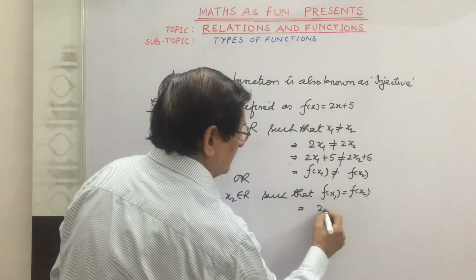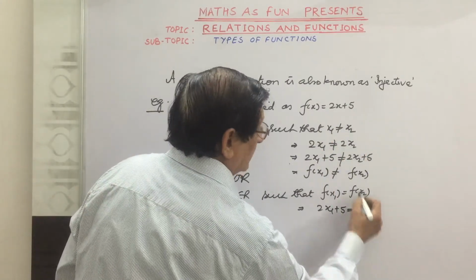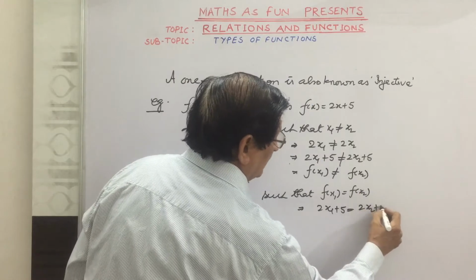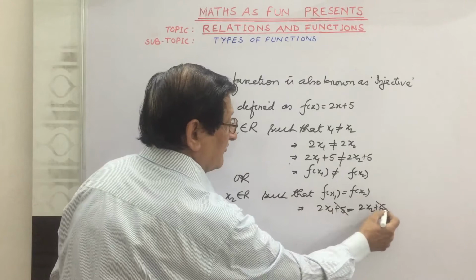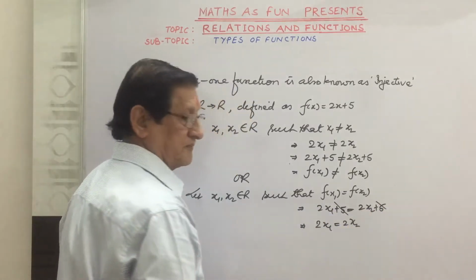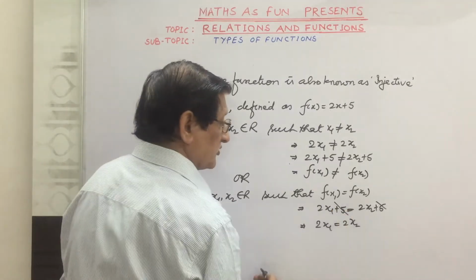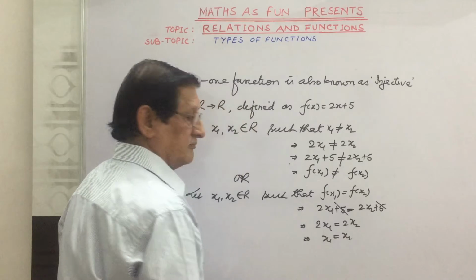According to the definition, it will be 2x1 plus 5. And what is f(x2)? According to the definition, this will be 2x2 plus 5. We find here that 5 and 5 get cancelled and we are getting 2x1 is equal to 2x2. And if we divide both the sides by 2, this will give you x1 is equal to x2.